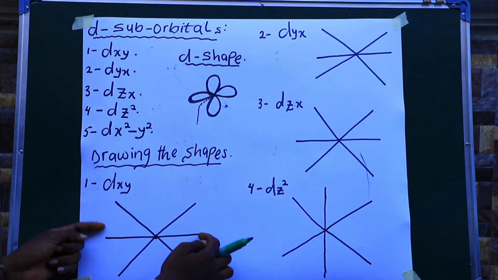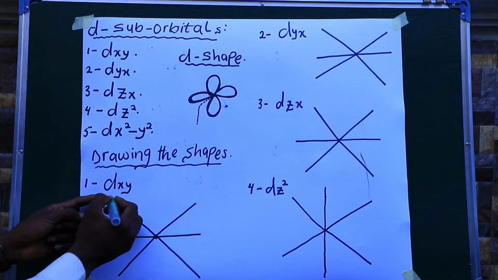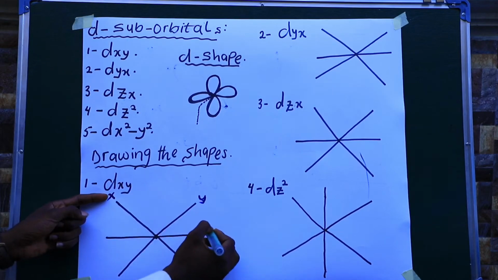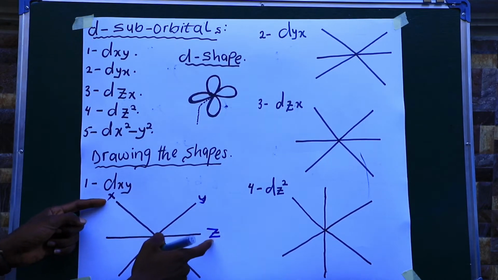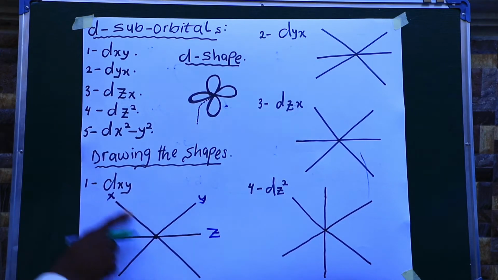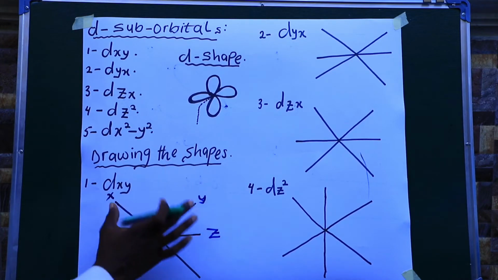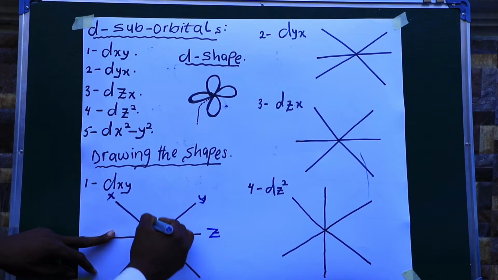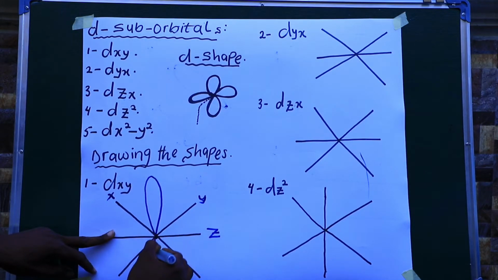And the missing variable z is always on the horizontal line. Here are x, y, and z on the horizontal line. Now to draw the shape of dxy, the shape is always in between the x-axis and y-axis. That is, the maximum amplitude is in between x and y. This is how it looks.